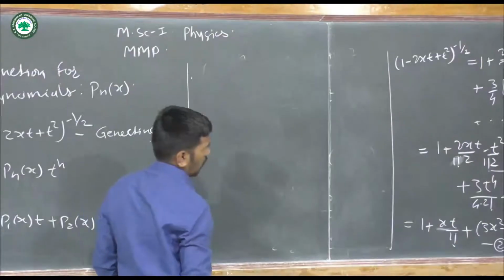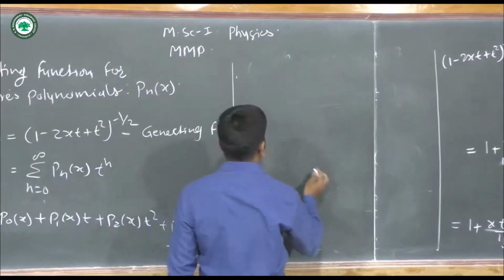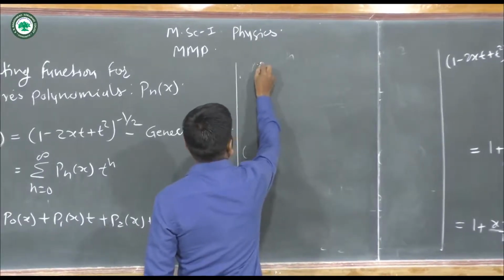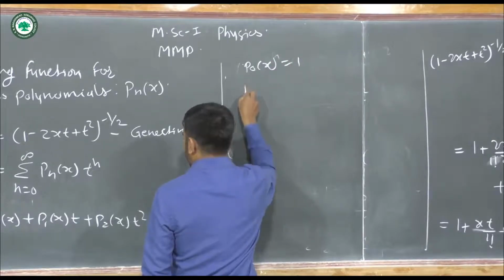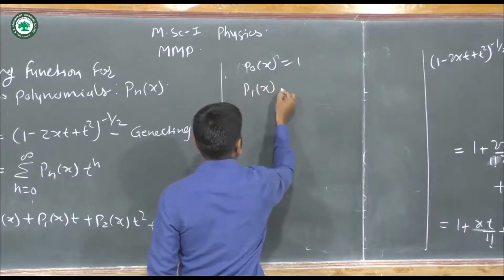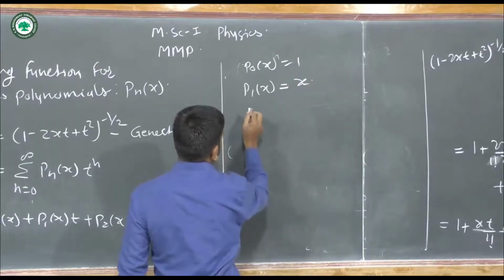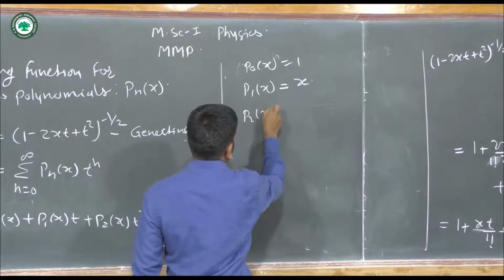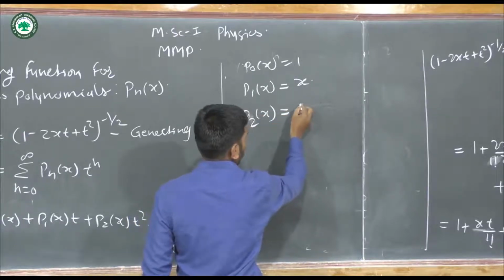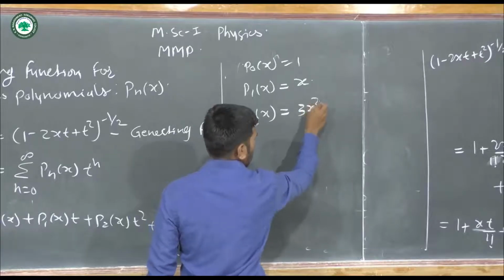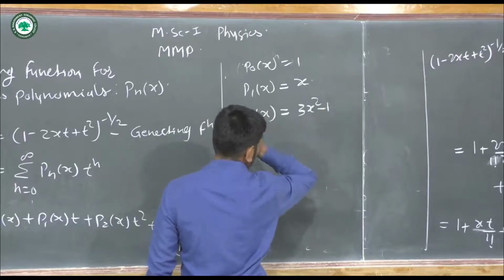So from equation 1 and equation 2, if I compare, we can write P naught x is equal to 1, P1 x is equal to x, and P2 x is equal to (3x square minus 1) by 2.